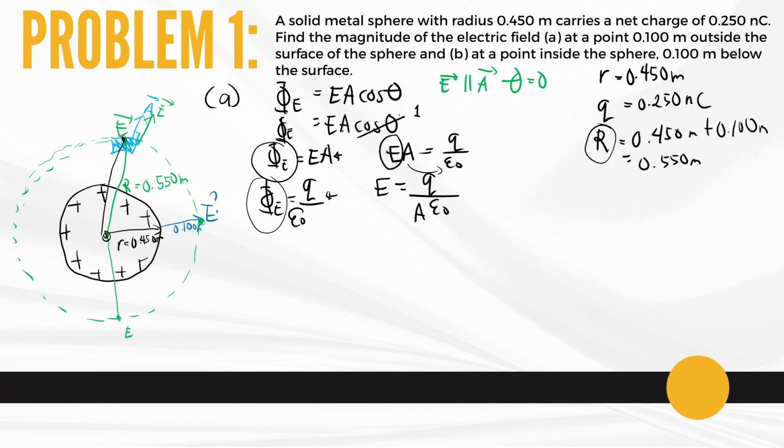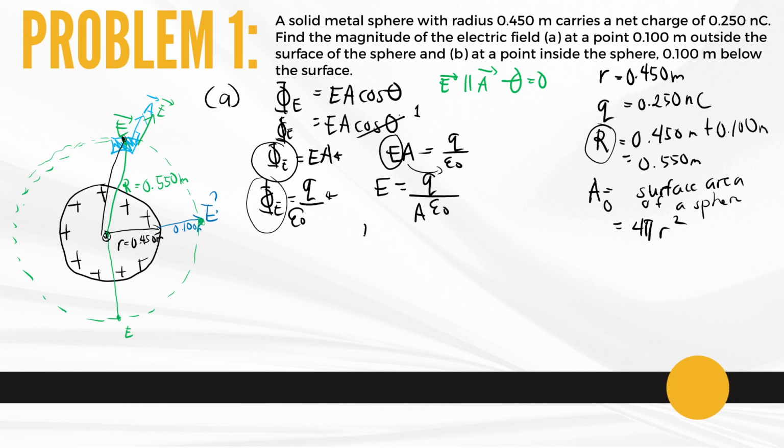I don't have the area yet, but I remember from geometry that the surface area of a sphere is 4 pi r squared.